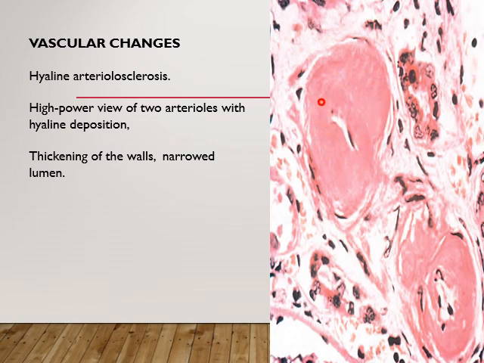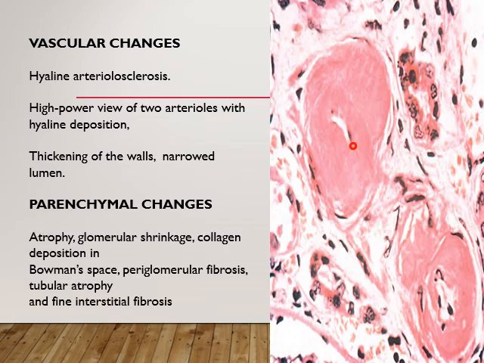In the high power view you can see hyalinization of the arterioles, involving the tunica intima, media and adventitial layers. As you can see, the entire vessel wall has become very much thickened and deposited, associated with hyalinization of the arterioles with a narrowed lumen. It does not only affect the kidney; this deposition of eosinophilic material is called hyalinization of the arterioles.